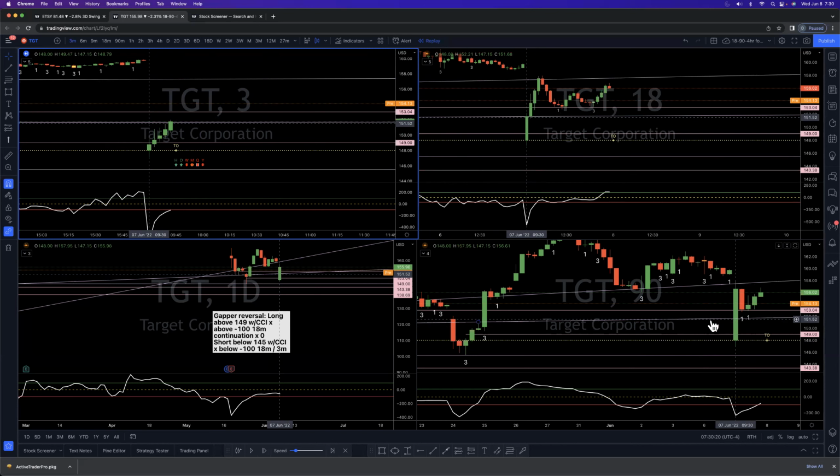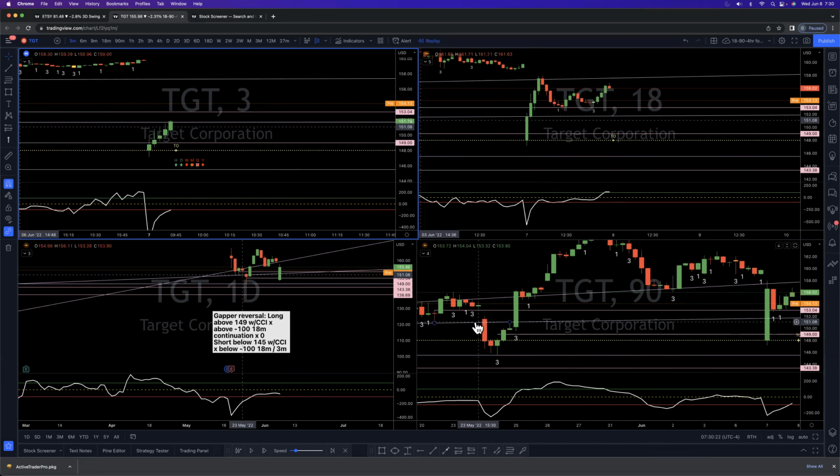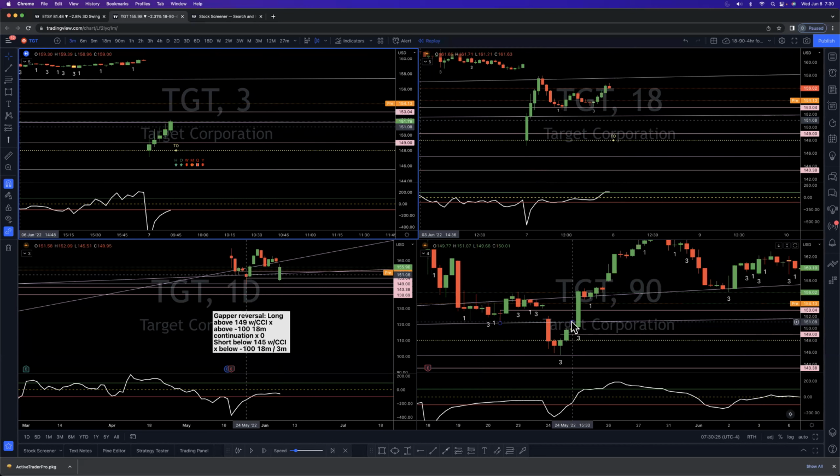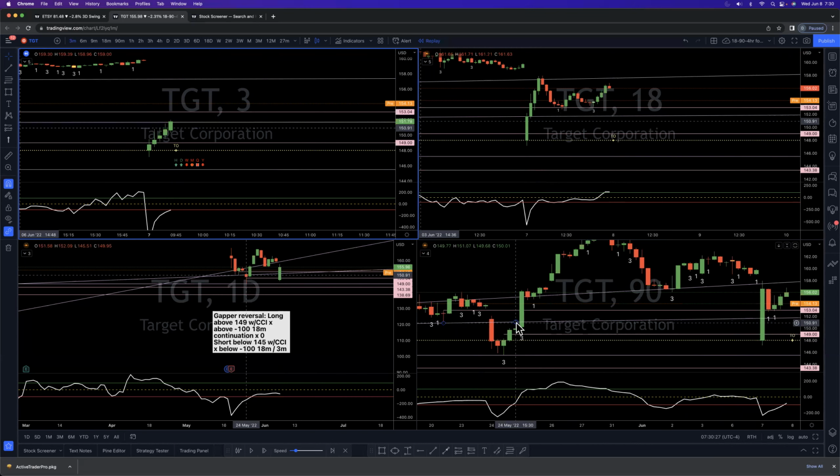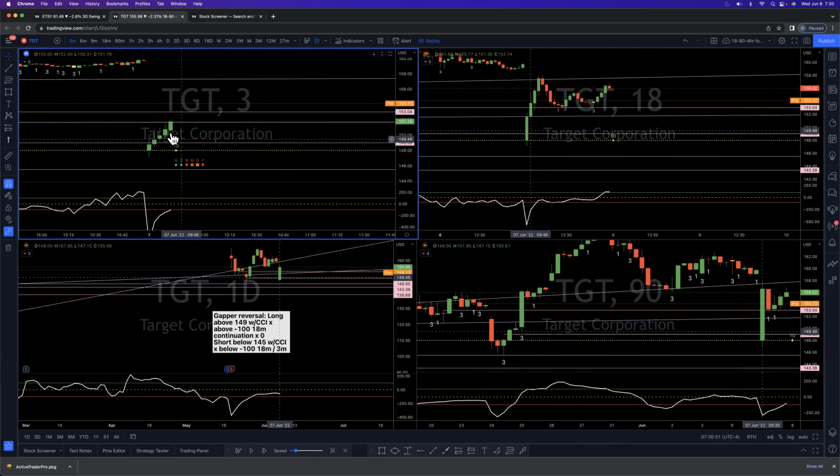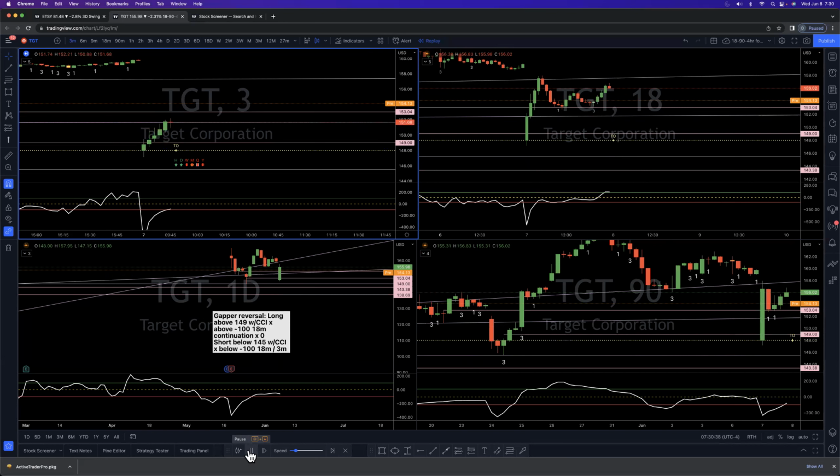Now you ask yourself, so we drew this here, right? So we know we want price to trade above this 2 up bar here. It did that, guys. Let's replay it. And so here's where I saw this. So it hit that level, right?